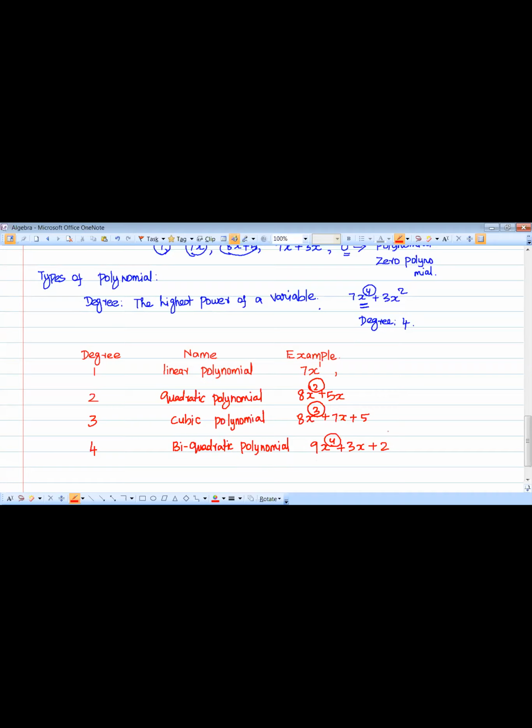Do you all understand clearly the types of polynomial based on the degree? Linear polynomial, quadratic polynomial, cubic polynomial, and biquadratic polynomial.